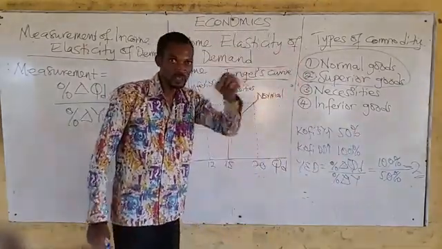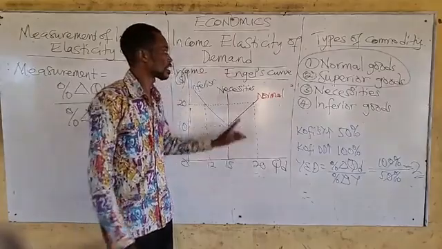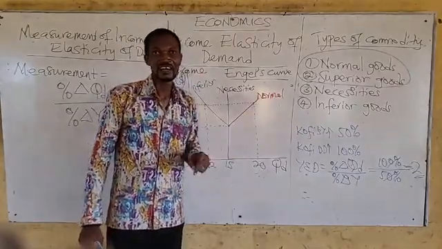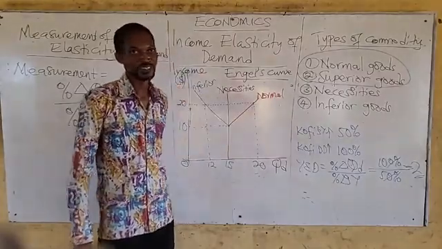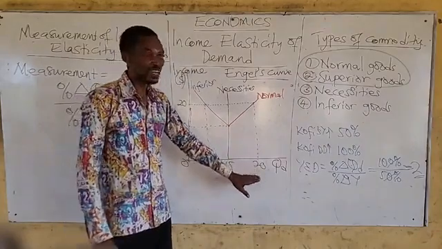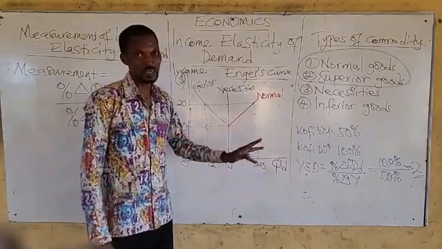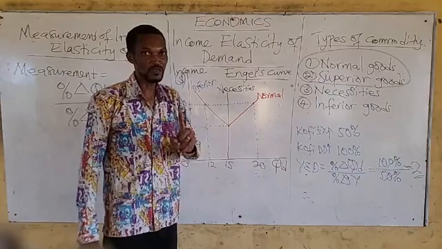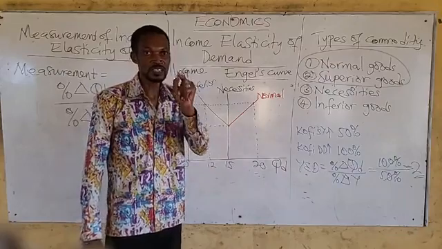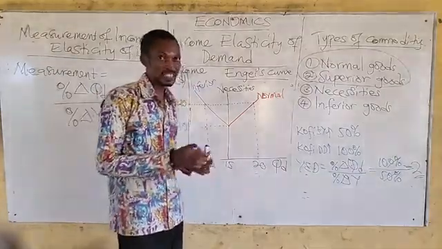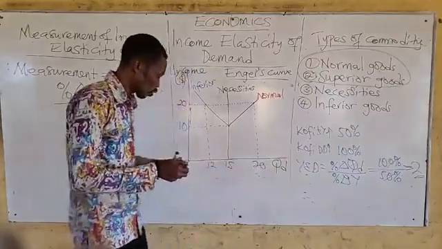And your interpretation as a tertiary student is that the commodity is a normal commodity. And we can calculate it right now. We are going to do that last one. But this time we are not using the percentage formula. We are going to use the proportional formula so that you can see that the answer will be less than 1. Let's go.